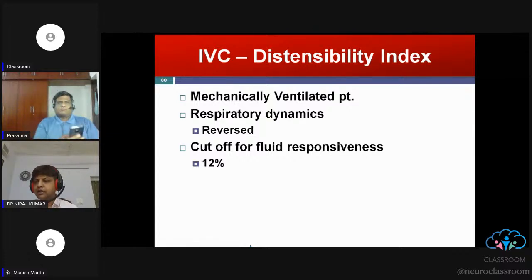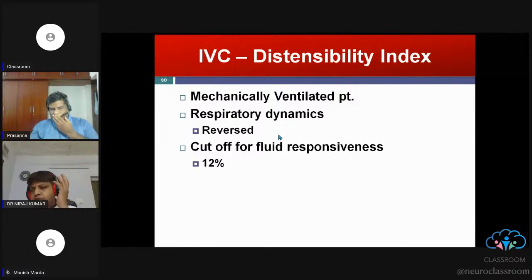In the mechanically ventilated patient, during the inspiratory phase, when the ventilator is pumping air into the chest, the IVC will be dilated, and during the expiratory phase, the IVC will collapse. So it is just reversed in the mechanically ventilated patient compared to the spontaneously breathing patient. Here there will be a distensibility index. The formula is the same: maximum diameter minus minimum diameter divided by maximum diameter.